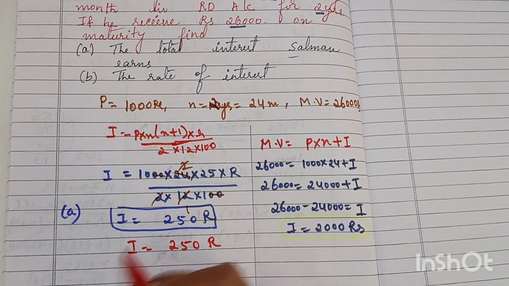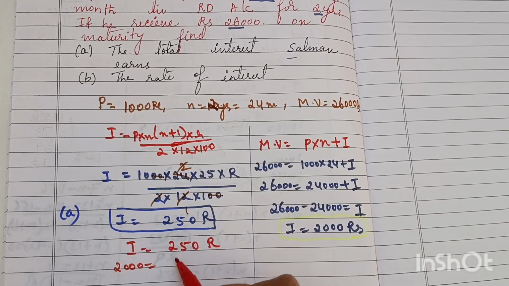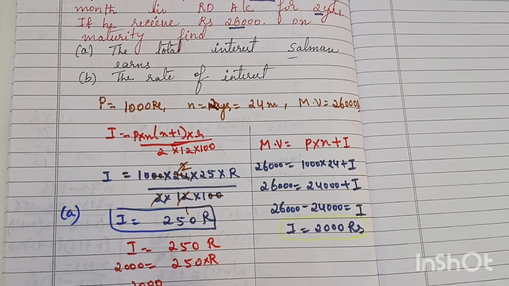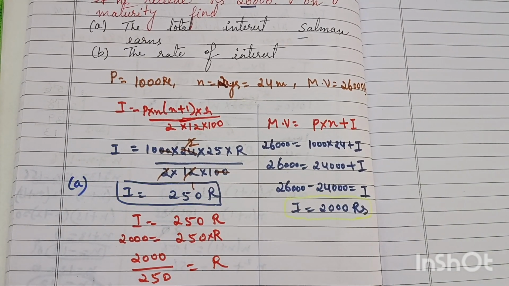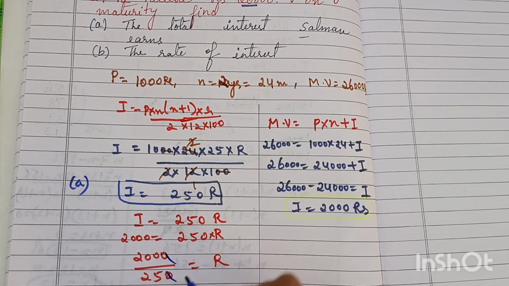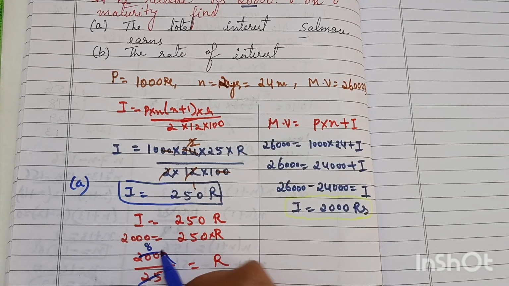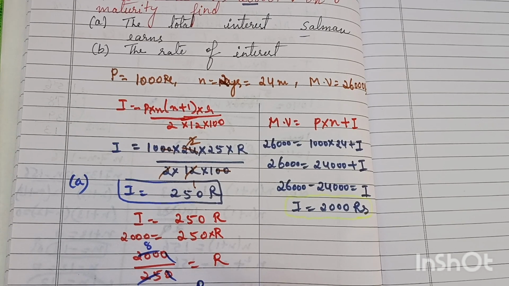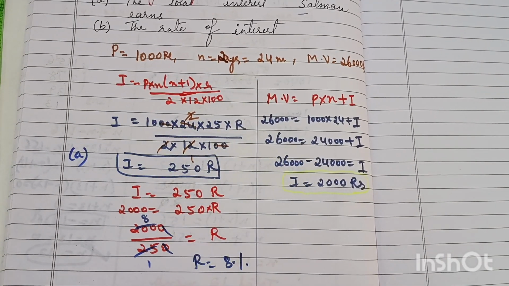So I we know is 2,000, and rate here is 250 into R. So 2000 by 250 equal R. Now cancellation: 0 0 cancel. 25 ones are 25, 25 eights are 200. So rate of interest is 8% and interest is 2000.